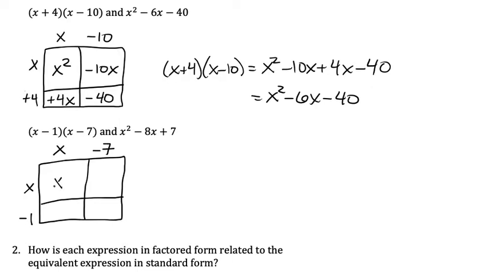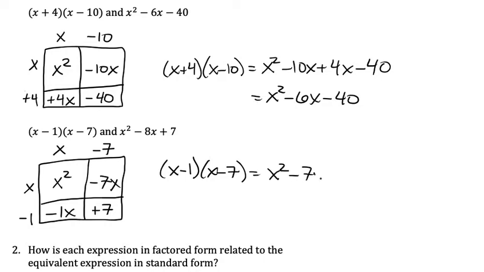And then I multiply to get x squared, minus 7x, minus 1x, and negative 1 times negative 7 is positive 7. So this is telling me that x minus 1 times x minus 7 equals x squared minus 7x minus 1x plus 7. And combining the like terms gives me x squared minus 8x plus 7.